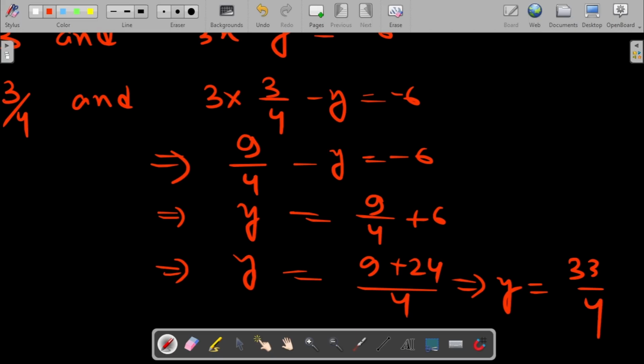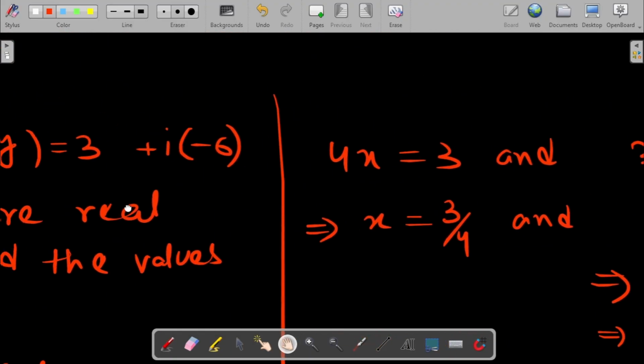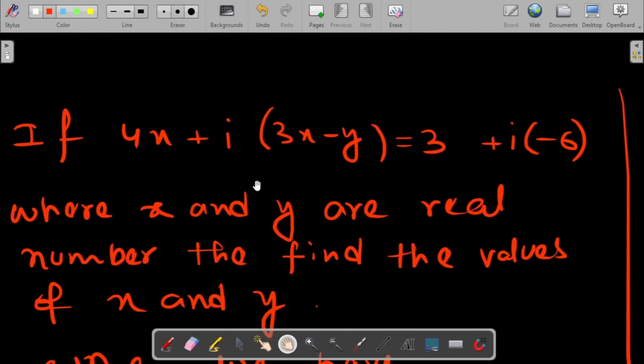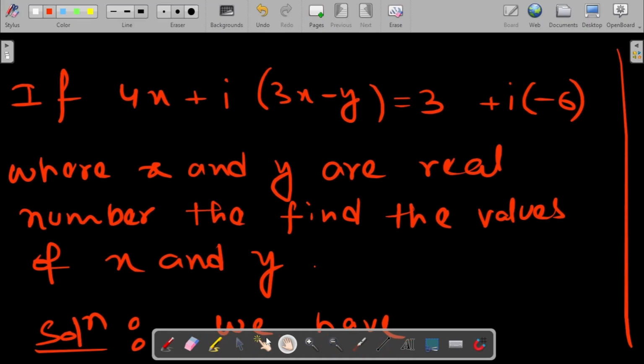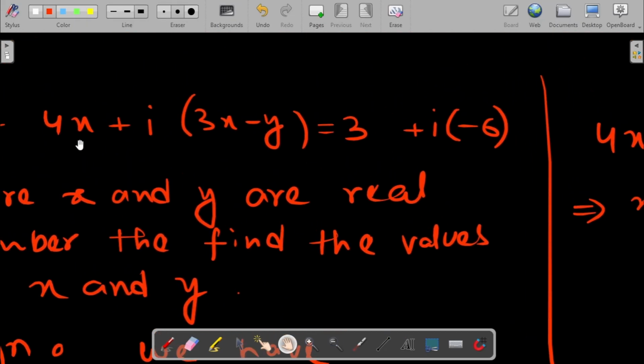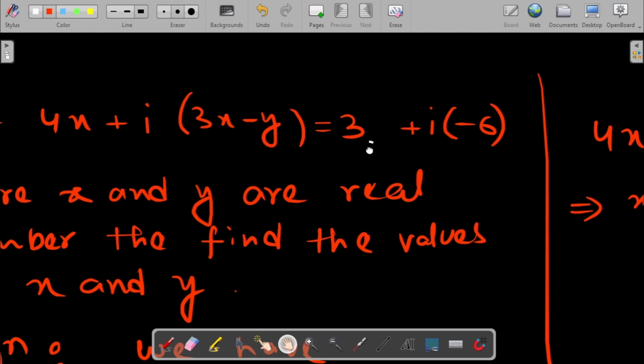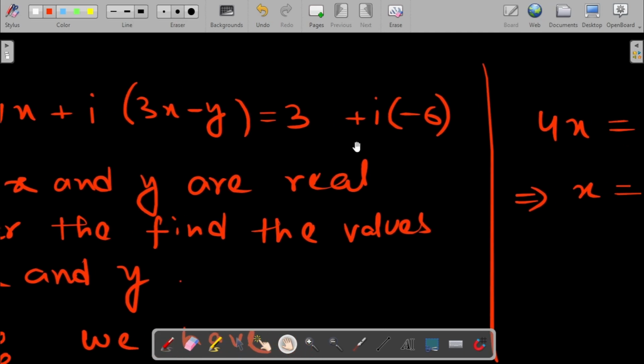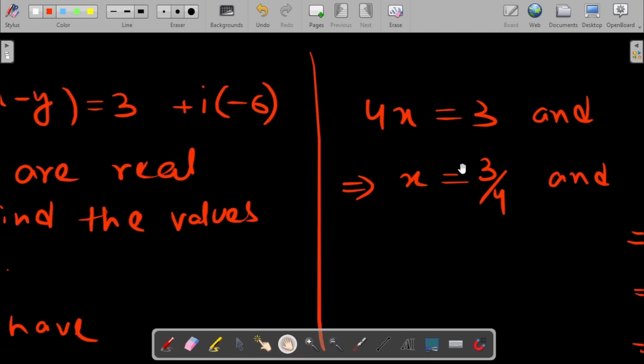Understood? So here I discussed that if two complex numbers are equal, then the real parts are equal and the imaginary parts are equal. Here the real part in the first complex number is 4x and in the second is 3, so we equate the real parts: 4x equal to 3.